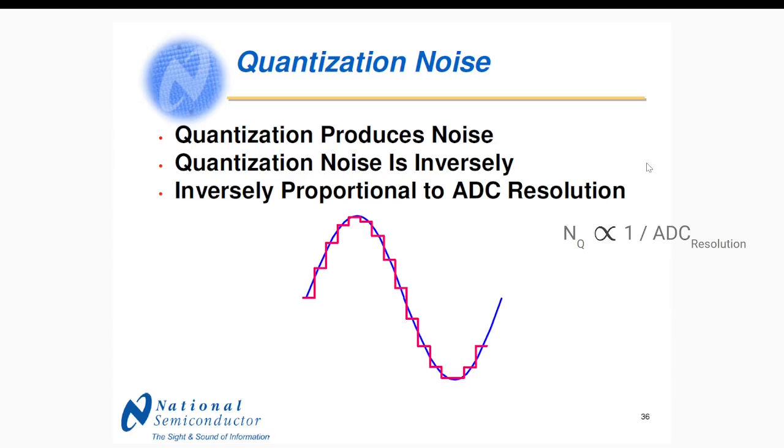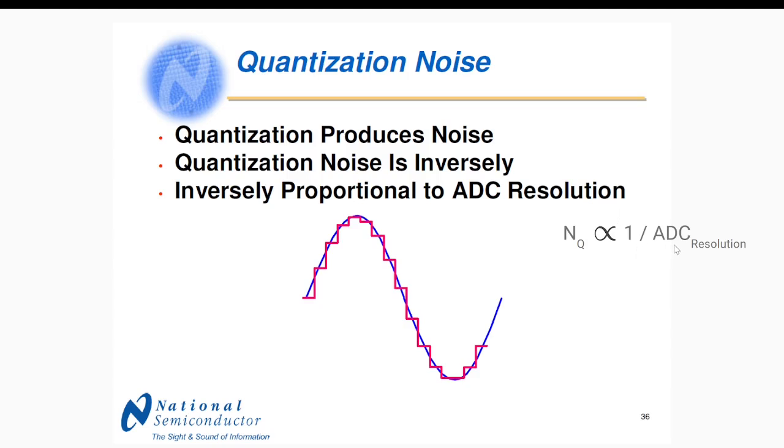So now in this slide we will discuss the quantization noise, as we discussed in the previous slide. But the important point here is that the quantization noise is inversely proportional to the ADC resolution.